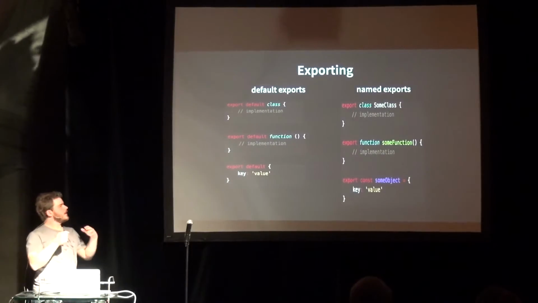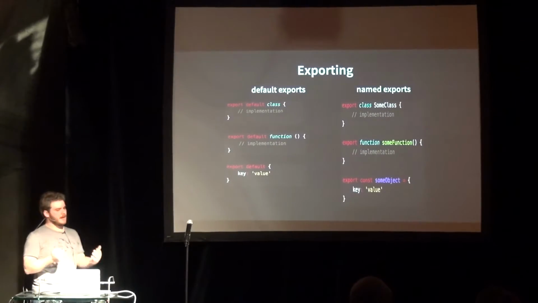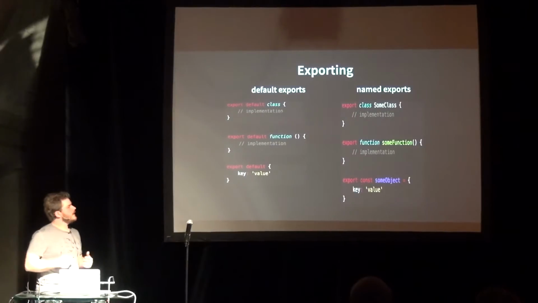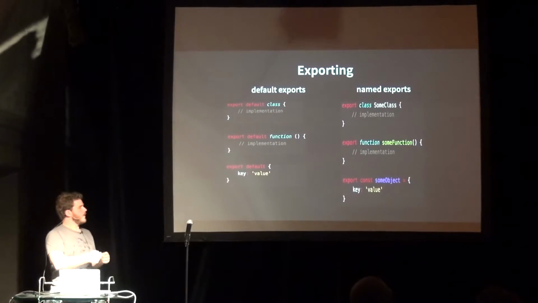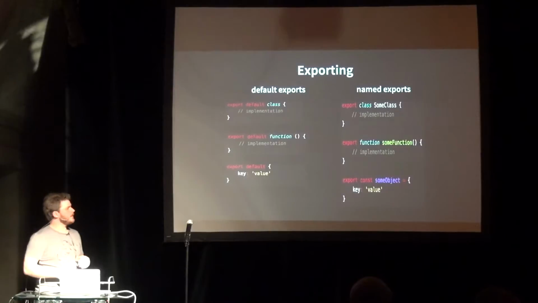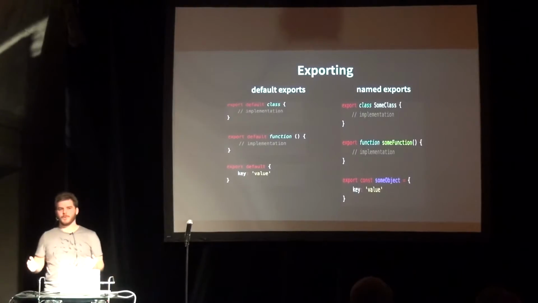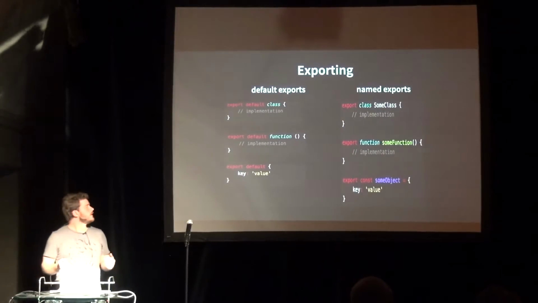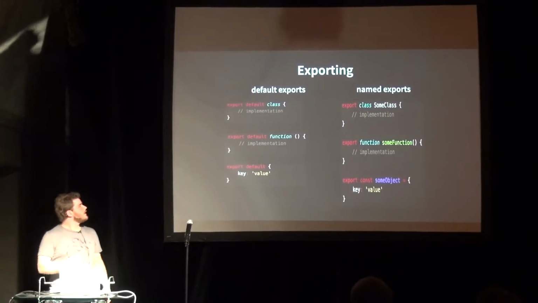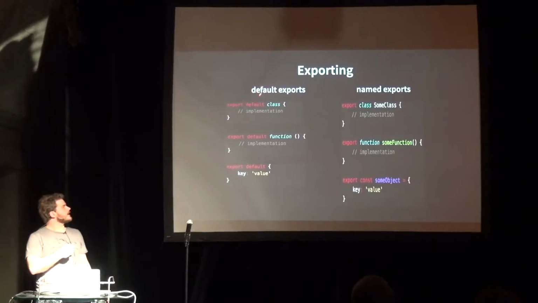Again, we have the division into two parts. First, the export part, and then the importing part, which will come on the next slide. First of all, there are two different ways of exporting modules in the new module system. The first one is the default exports.